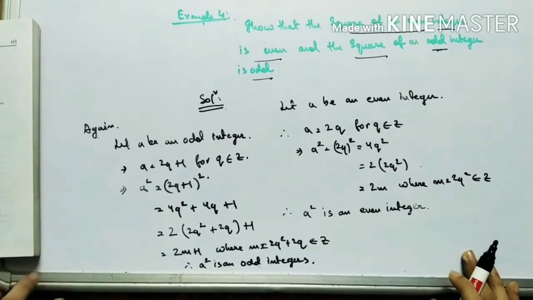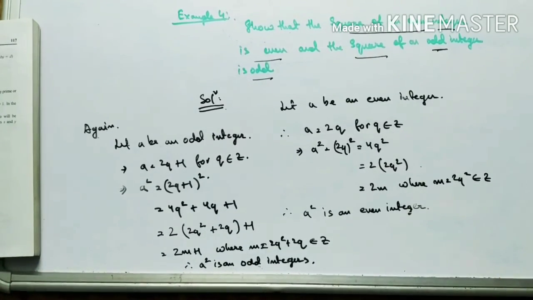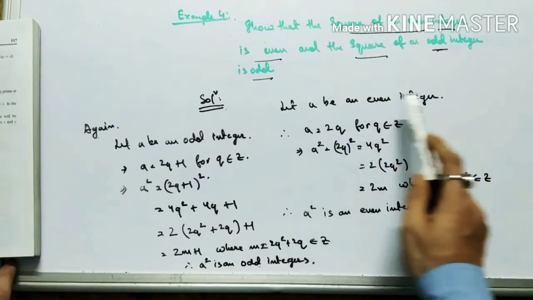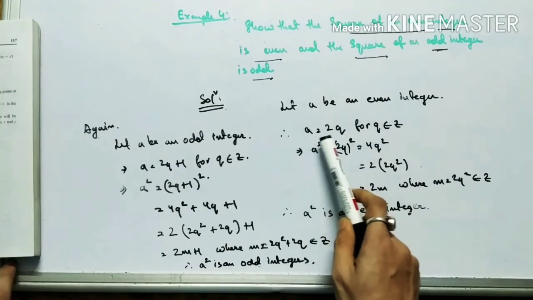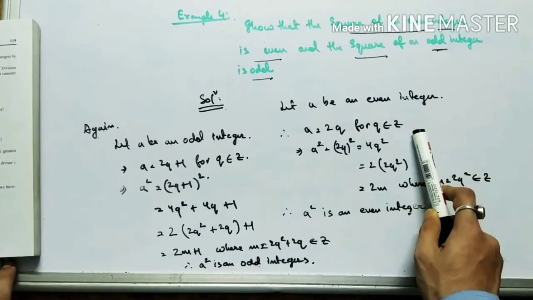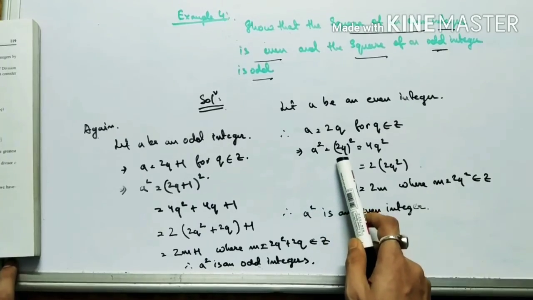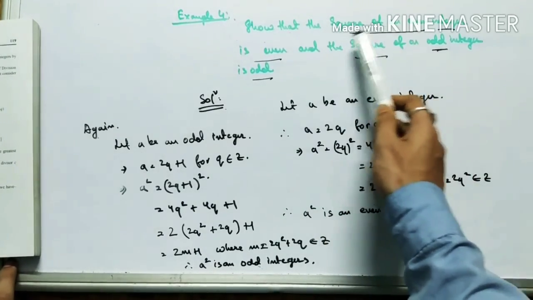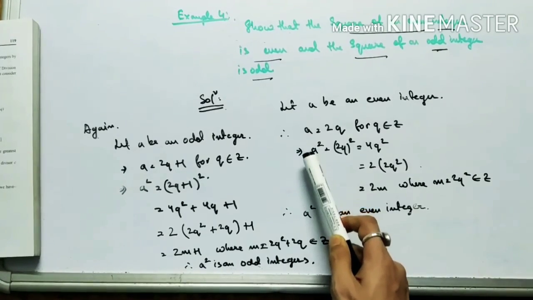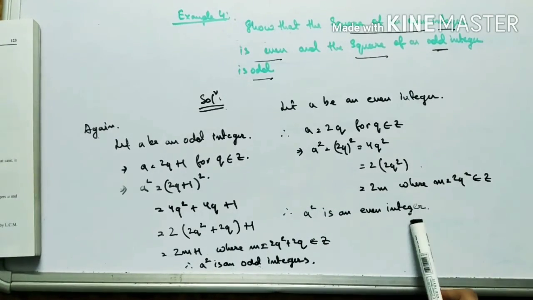That is what I showed. First of all I took that let a be an even integer. Since a is an even integer, I can write a is equal to twice q for q belongs to Z. I have to show that a square is also an even integer.